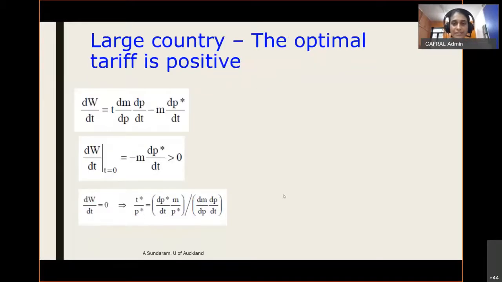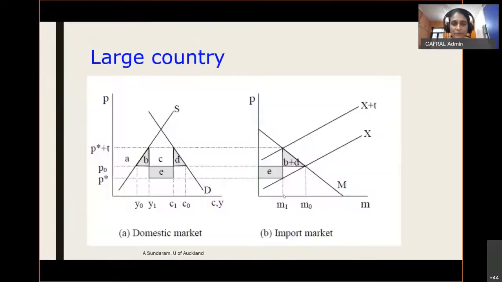And that's actually easy to see from the graph. For a large country, there's a gain because of the terms of trade effect, and there's a loss. So you want to maximize your gain by making sure that E minus B minus D is maximized. If you look at these triangles and the E rectangle, what you will see is these things depend on the slopes of the X and M curves.